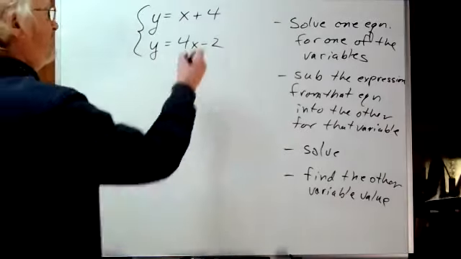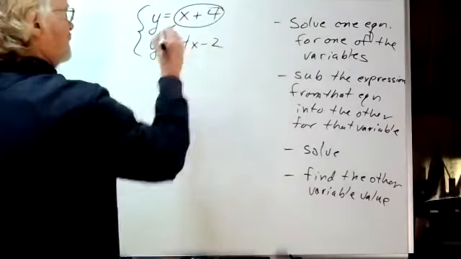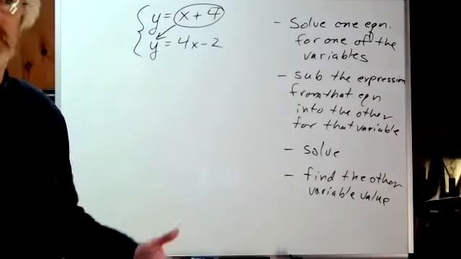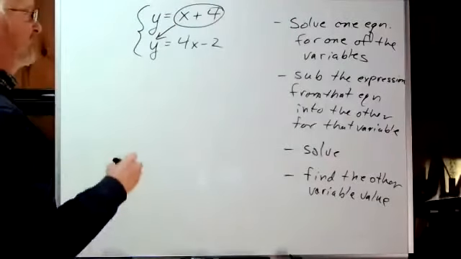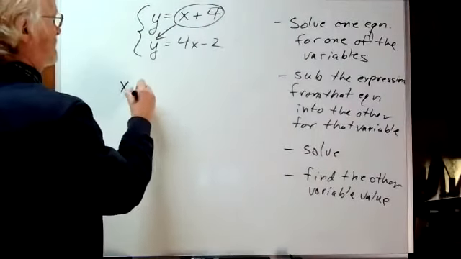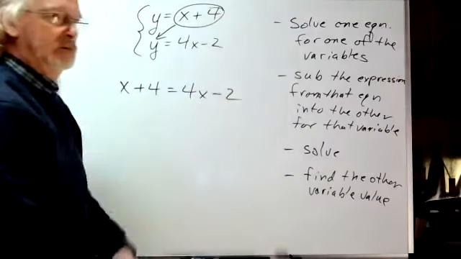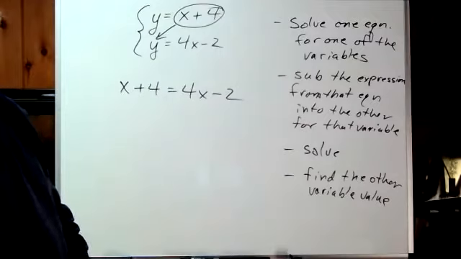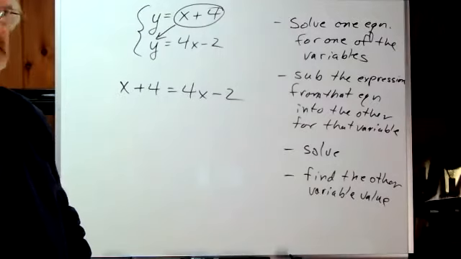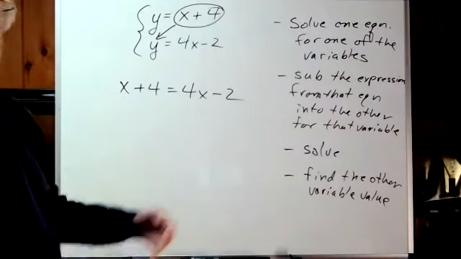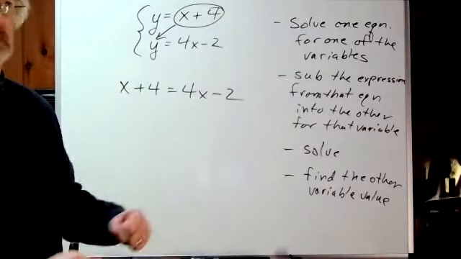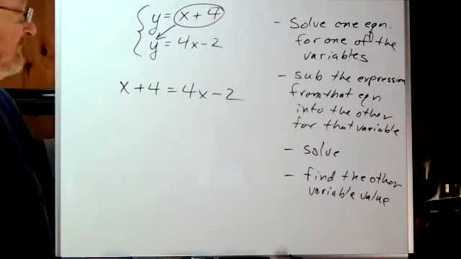In a sense, I could say I'm going to put that there, and I just put the two equations end to end. X plus 4 has to equal 4x minus 2. Again, that's kind of the easy one. They're already both set to y and just making them equal to each other, and let's go from there.